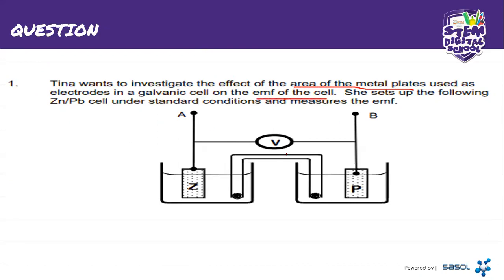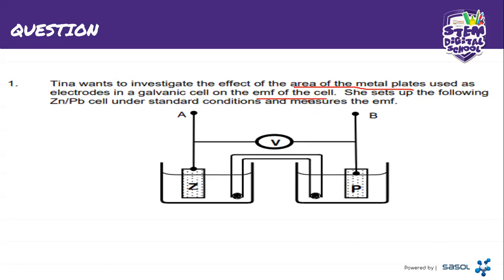So basically what she wants to do is check the size of the electrode, the area of the electrode, if it affects the EMF of the cell. Now, my dear learners, we can actually answer this question from the onset, and we'll say, no, it doesn't have any effect on the EMF of the cell.